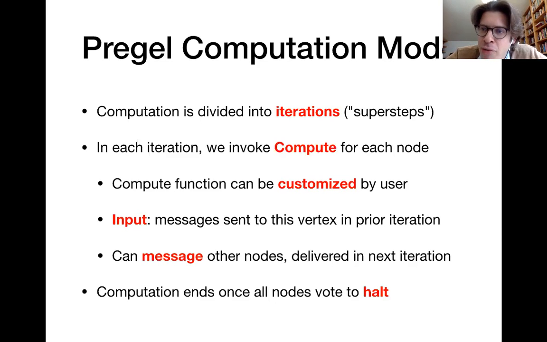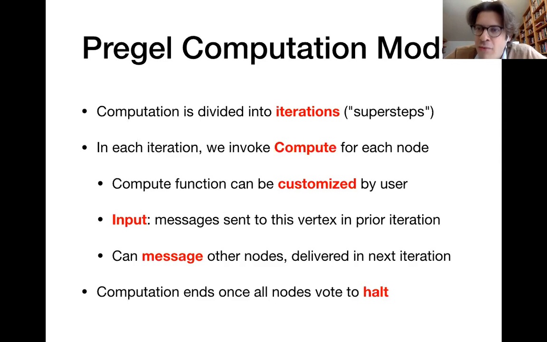So that's a little bit more low-level interface than some of the other systems that we have seen so far. The compute function takes as input messages sent to one specific vertex, aka node, in the previous iteration, triggered when processing the compute function for other nodes in the graph.